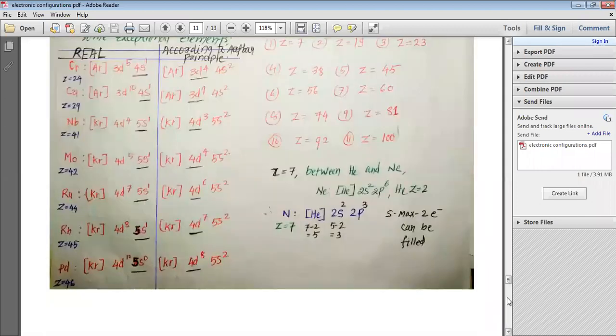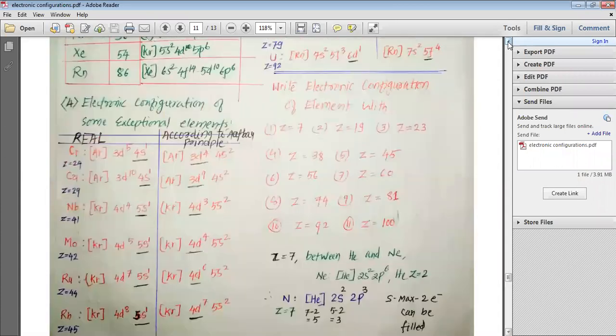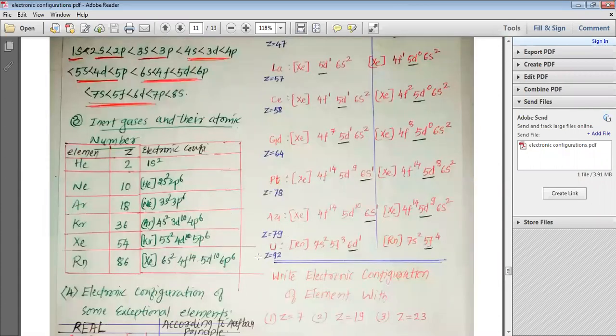Same way, my dear students, we can understand the example of uranium, where the atomic number is 92. The electronic configuration should be radon 7s2 5f4, but instead of that, the electron goes into the 6d orbital, and the real electronic configuration is radon 7s2 5f3 6d1.